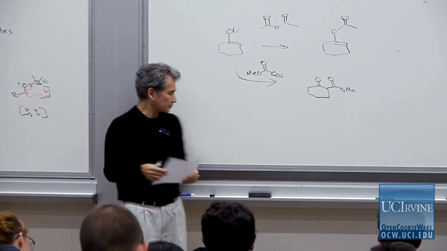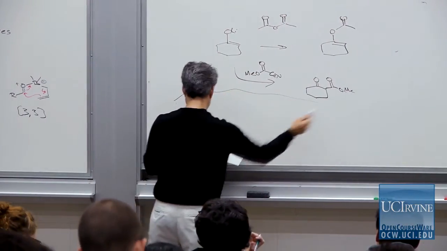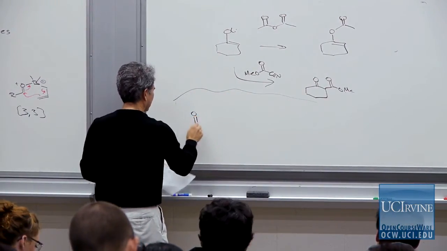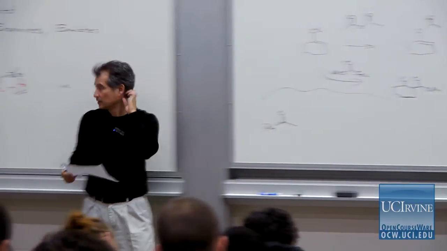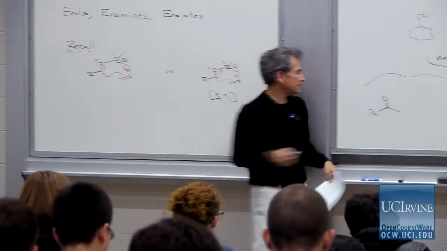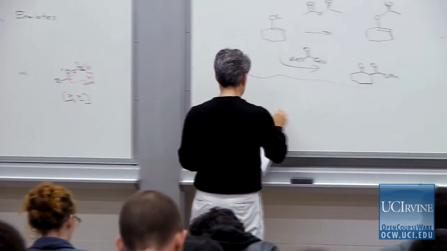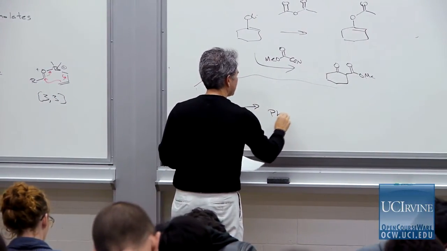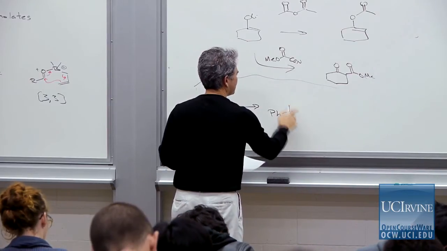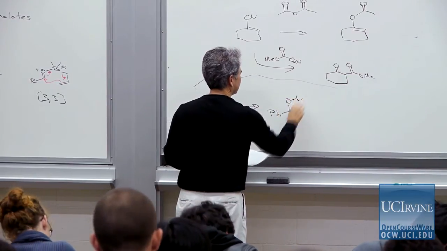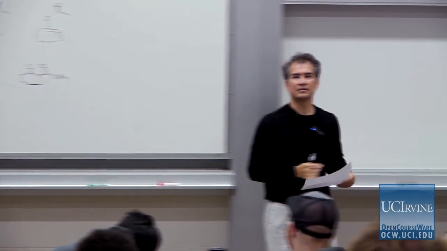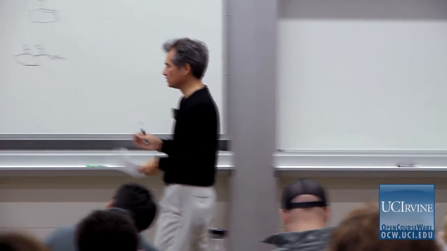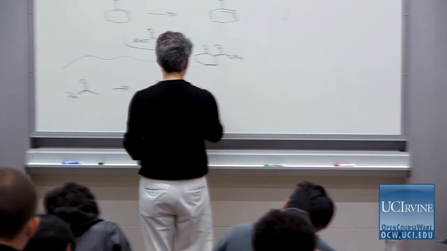Okay, one last thing to finish up with this. It harkens back to this example that I showed you over here with this boron. This is the way aldol reactions work. So if you take some sort of carbonyl compound and you convert that to the lithium enolate, that may not look like an allyl boron species to you, but it's the same idea.